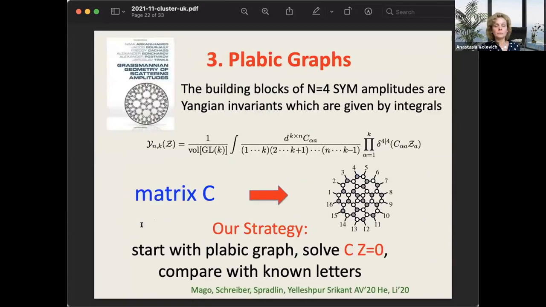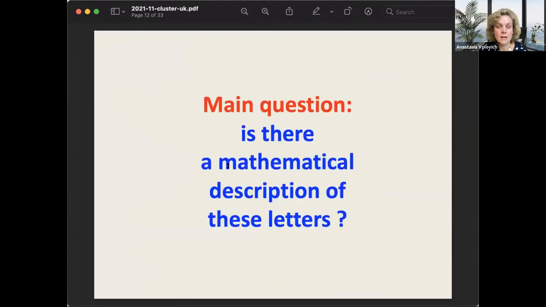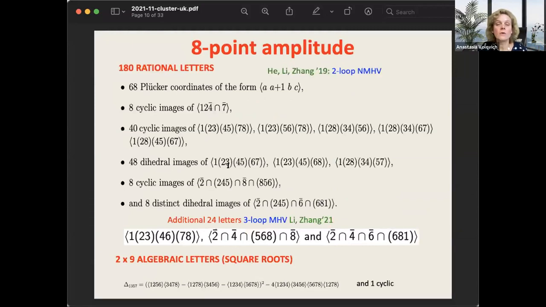Okay, very good. Anastasia, can you hear me? Yes. Can I ask an orientation question? In these, for 8 and above, does the number of letters depend on the number of loops? Yes, it does. As the number of loops goes up, you might need more and more letters. That's exactly what you see with the case of 8 points.